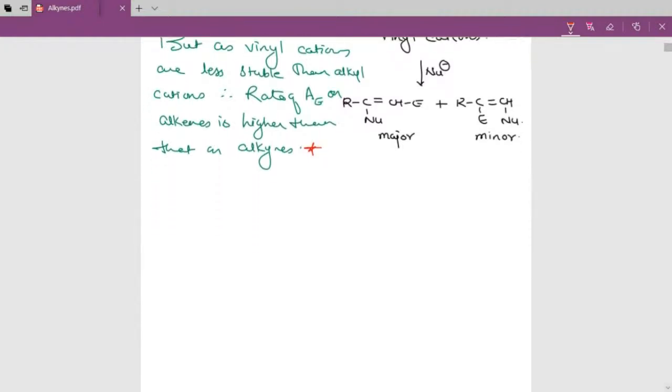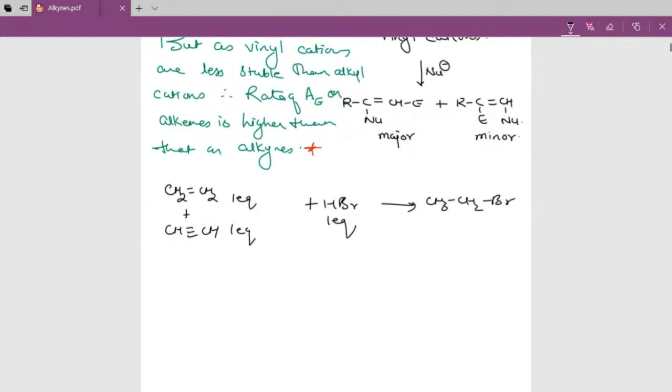the medium both alkene and alkynes are present, if I have this and this both present, with one equivalent, and we are told that we have only one HBr equivalent, where to add? Then please add here.